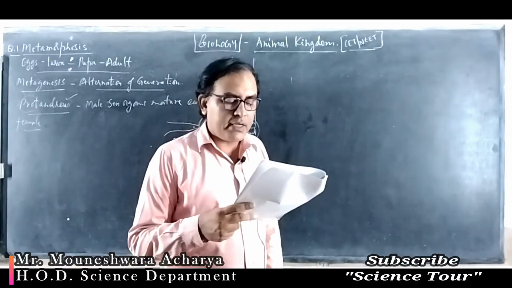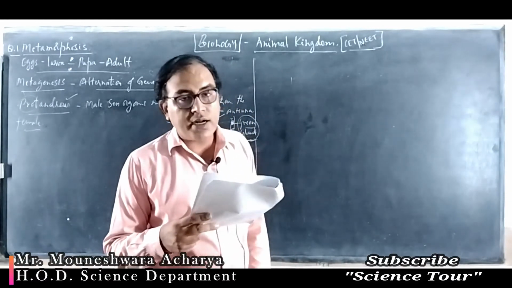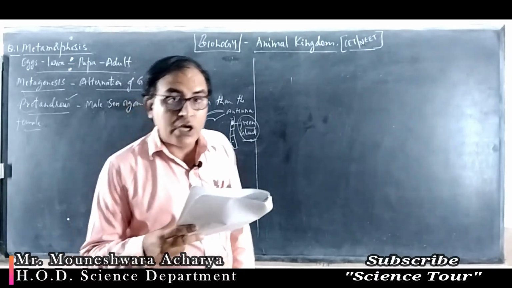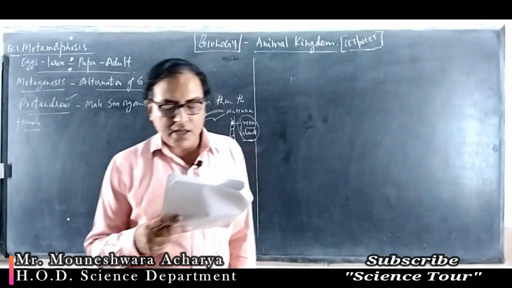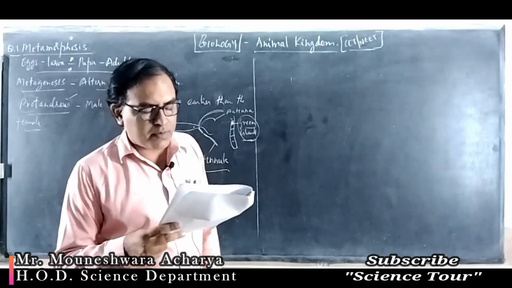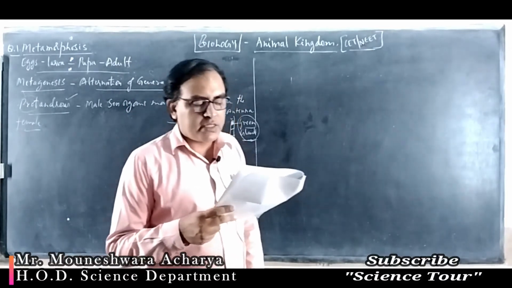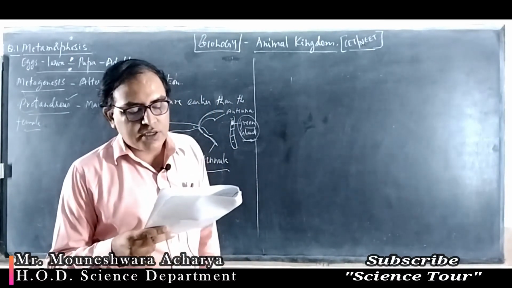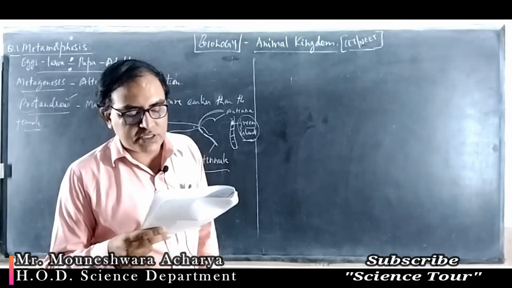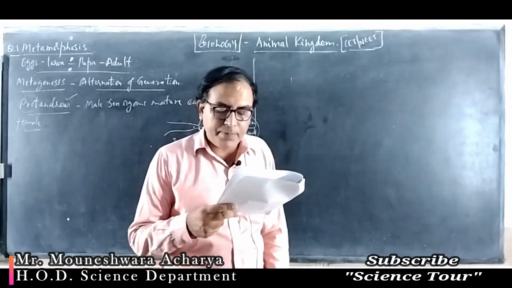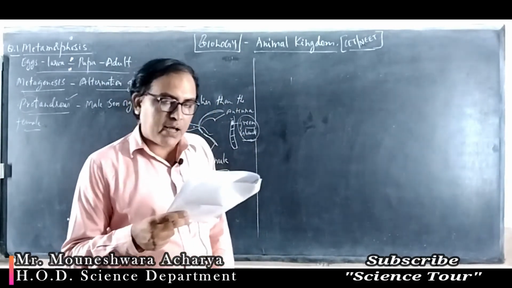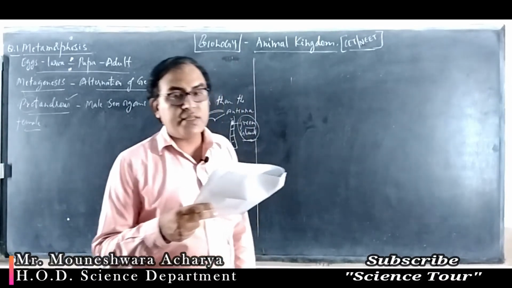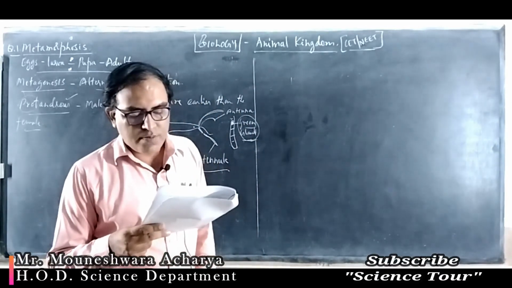In column B, they specified what kind of features are found in those phyla: 1. Canal system, 2. Water vascular system, 3. Muscular pharynx, 4. Jointed appendages, and 5. Metameres. You have to strike off the comb plates.